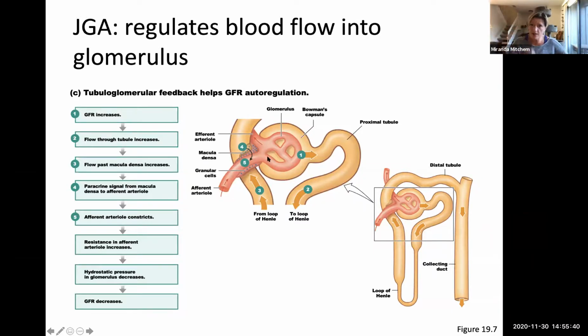And then that causes vasoconstriction of that afferent arteriole, which then will help to decrease the filtration rate, getting us back to normal. So the end outcome is that the glomerular filtration rate decreases due to this autoregulation. Keep in mind that part of the figure is just missing here. It's just not showing the loop of Henle, but it's not disappearing to nothing.